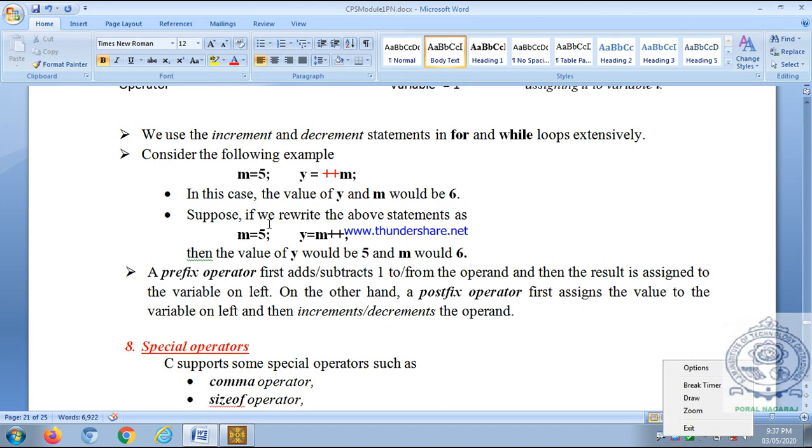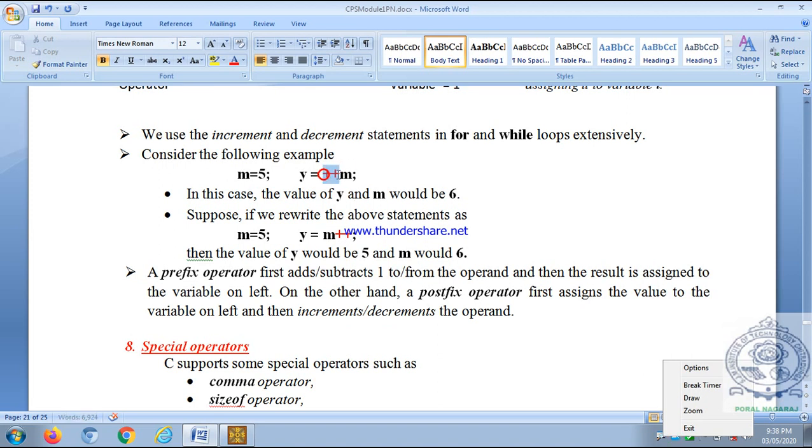Suppose we rewrite the above statement: m is equal to 5, and we write y assigned value m plus plus. Plus plus is of course an increment operator, but what type of increment operator is it, post or pre? It comes after the variable m, so we call it the post increment operator. Here it is use and increment.